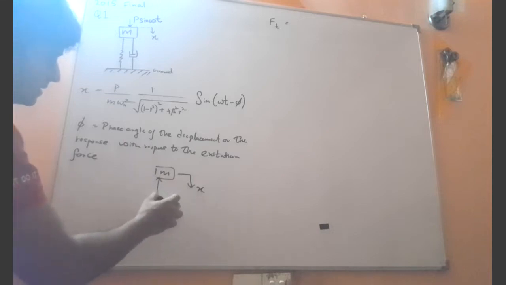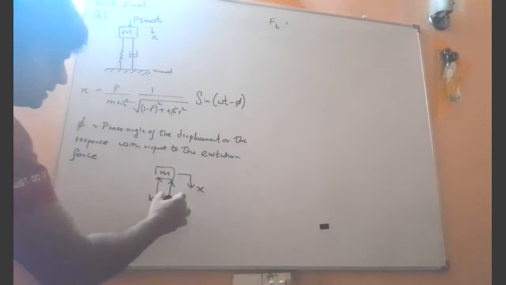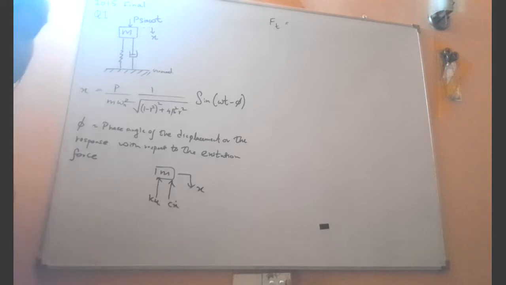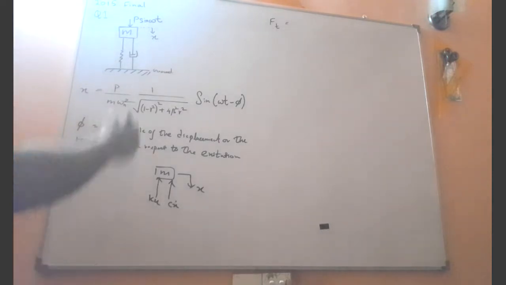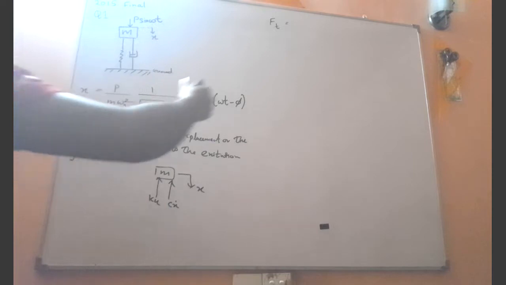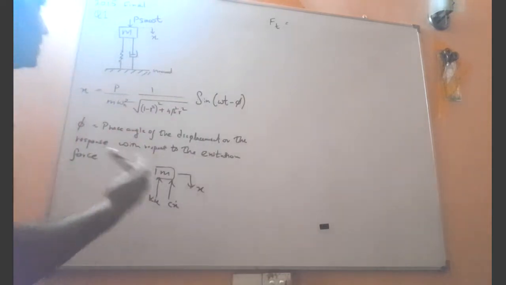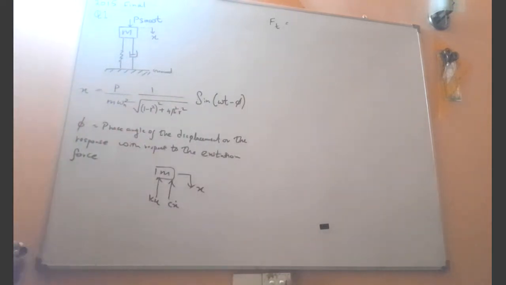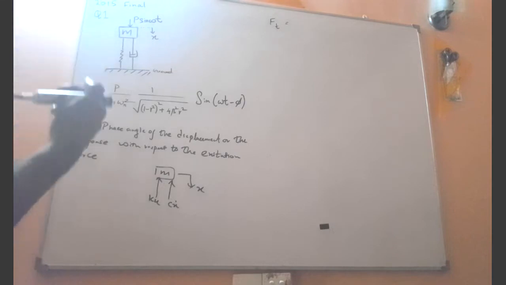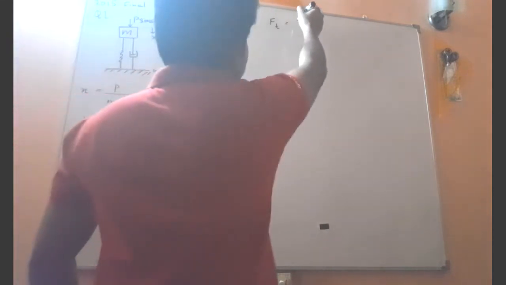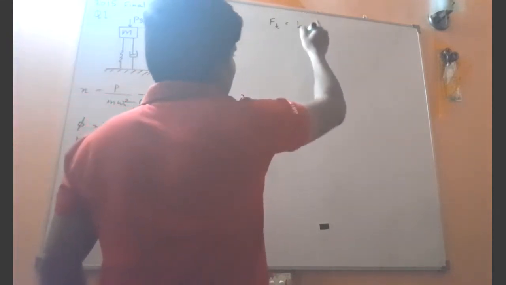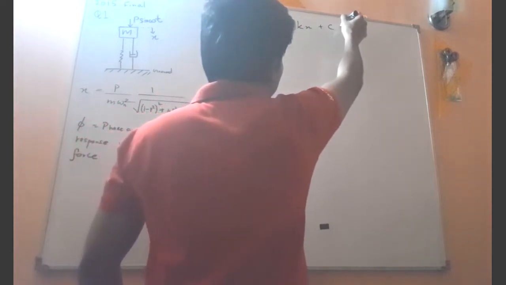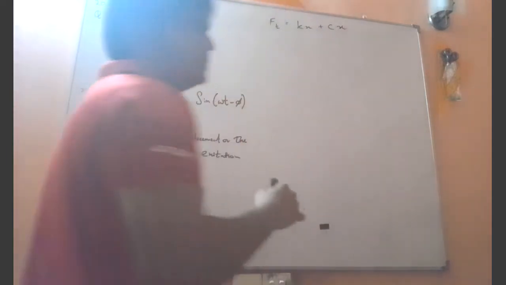It is kx, and for the damper it is c x dot. So Ft, the force transmitted to the ground, equals kx plus c x dot.